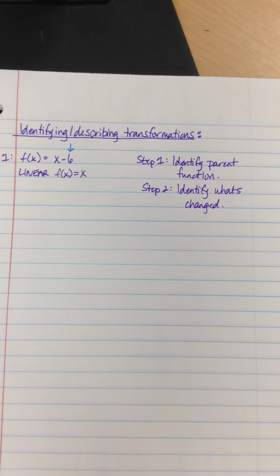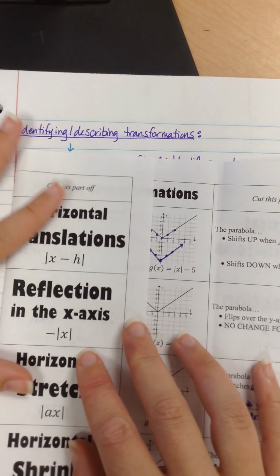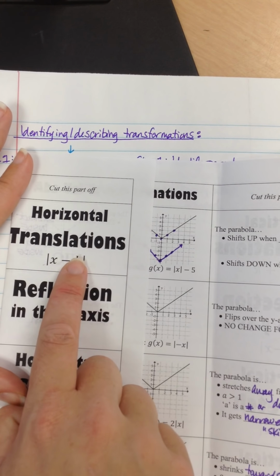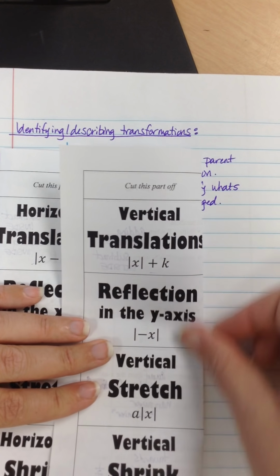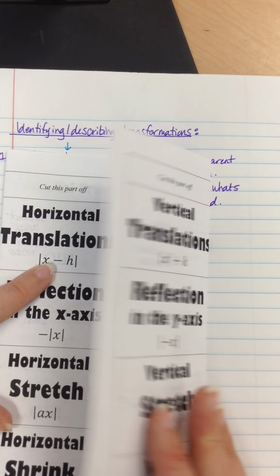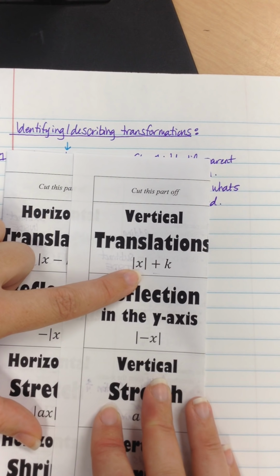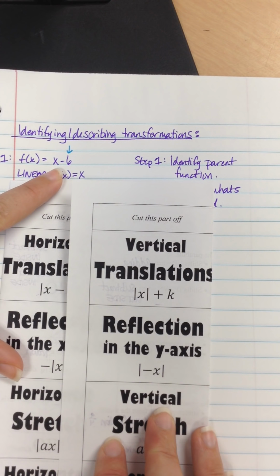It is not inside of anything. So remember, adding or subtracting, we're either going to be doing a horizontal translation, left or right, or up and down. So we know that we're going left and right if we're adding or subtracting on the inside. Up and down is adding or subtracting on the outside. With this problem, there is no inside.